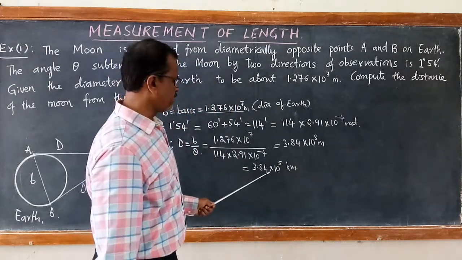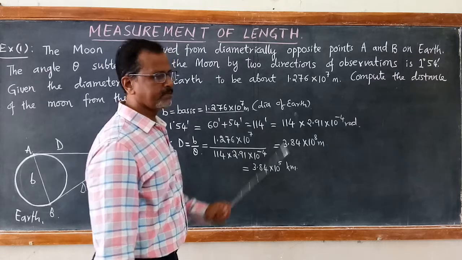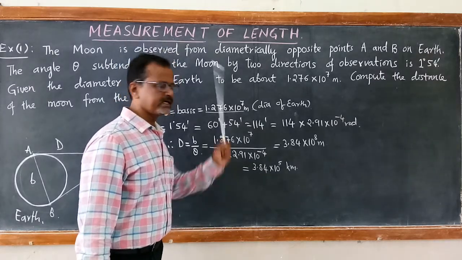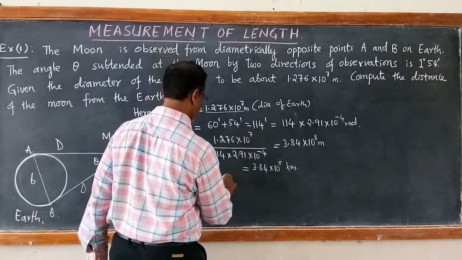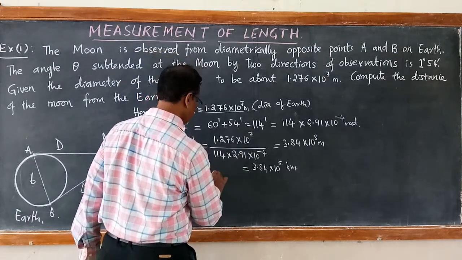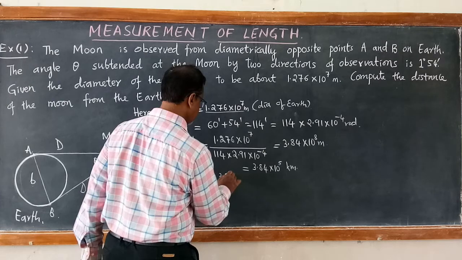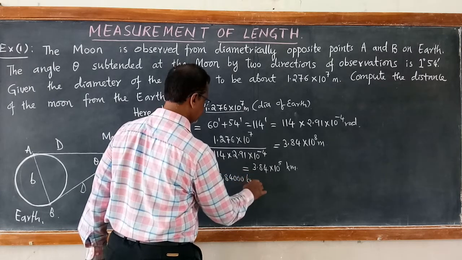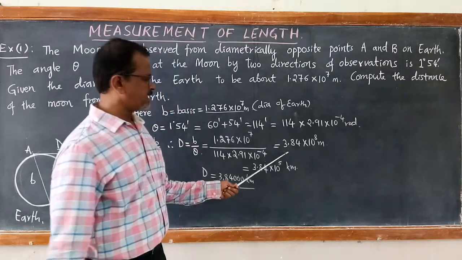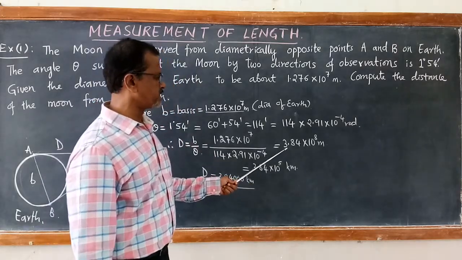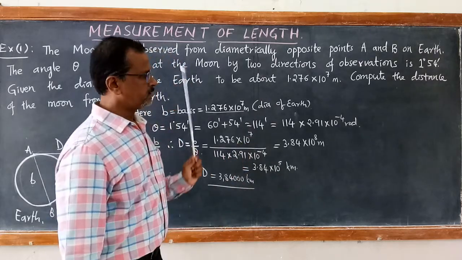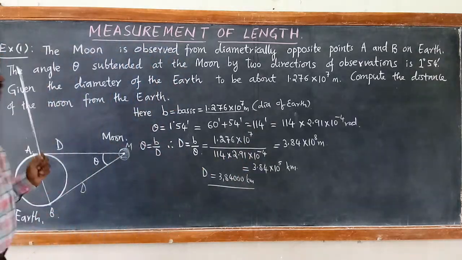It means 3,84,000 kilometers. This is how we can remember. So scientifically, using scientific notation, we should write 3.84 into 10 raised to 8 meter. So this is how one has to solve the problem.